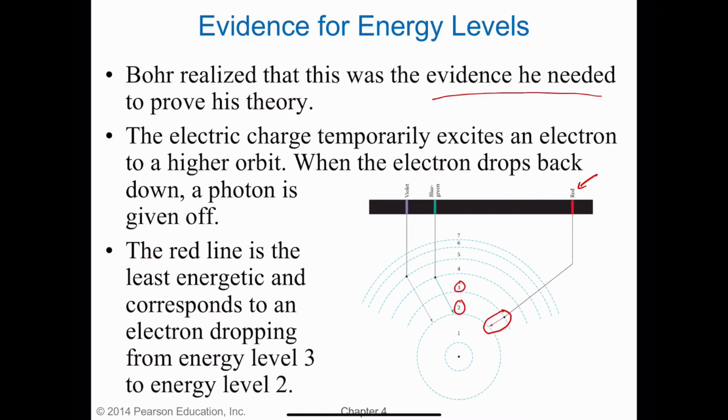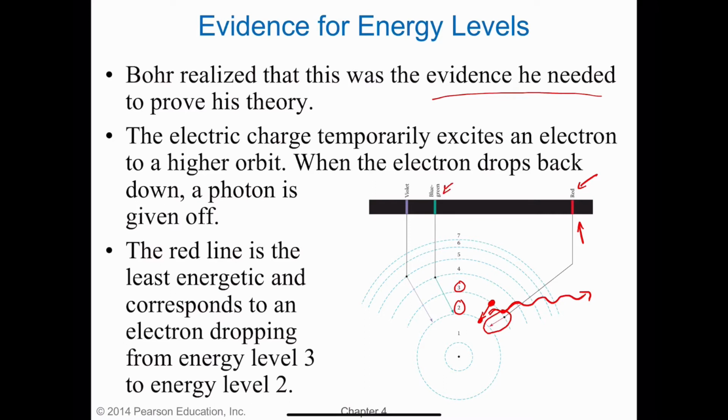If an electron on level 3 falls down to level 2, it's going to emit a little bit of light. Light will actually leave the atom if an electron goes from a higher energy state to a lower energy state, and the wavelength of this light happens to correspond with red light.